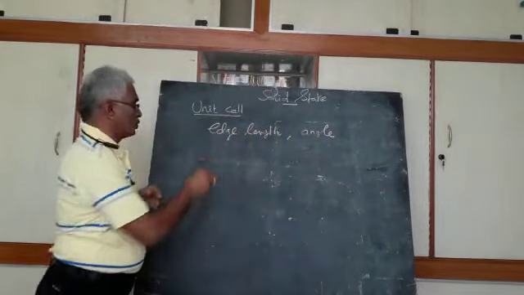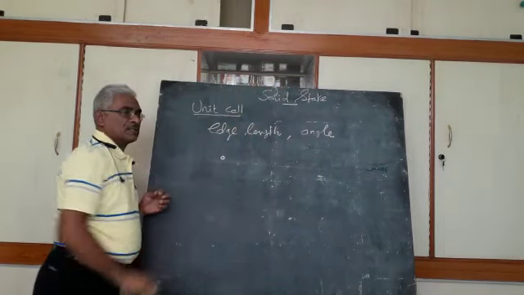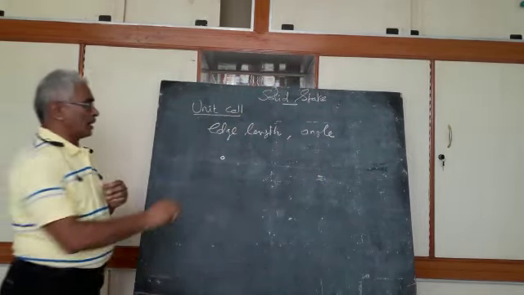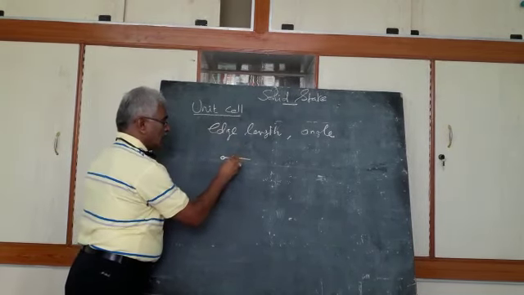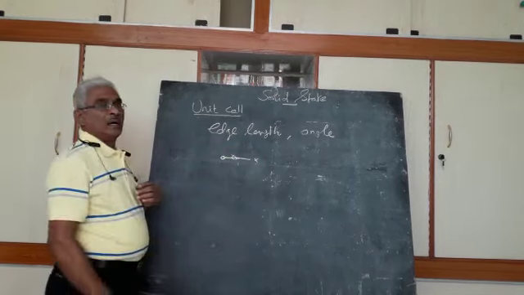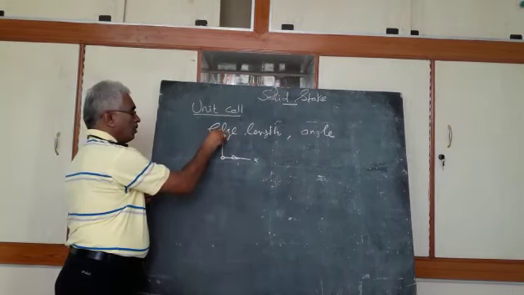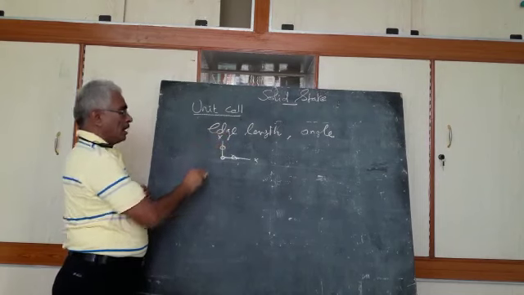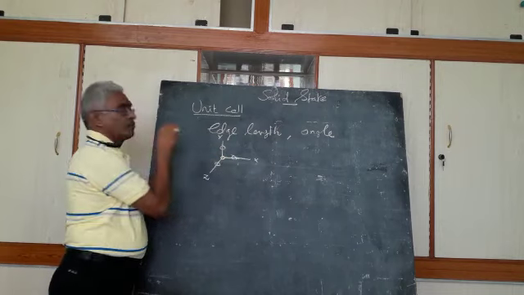So let me assume one atom at the center of the crystal. You can consider another adjacent atom in the x-axis, and another adjacent atom in the y-axis, and the next adjacent atom in the z-axis.